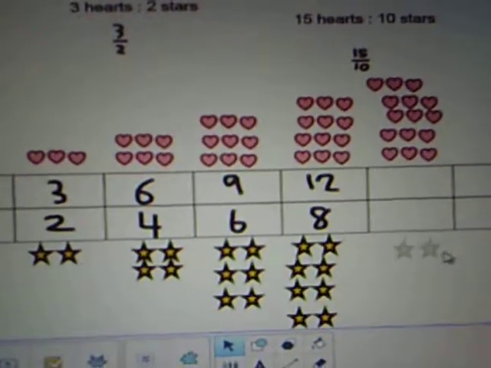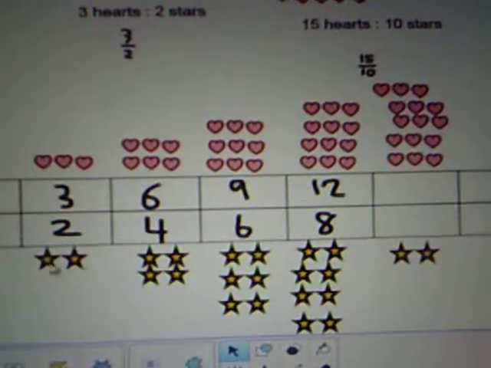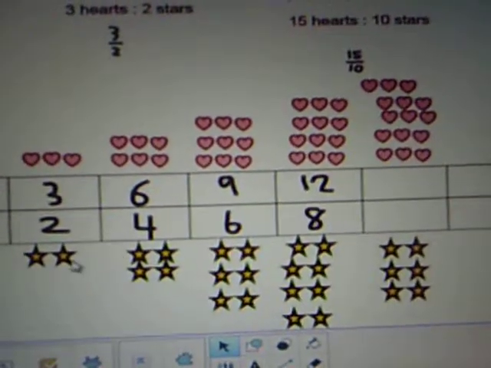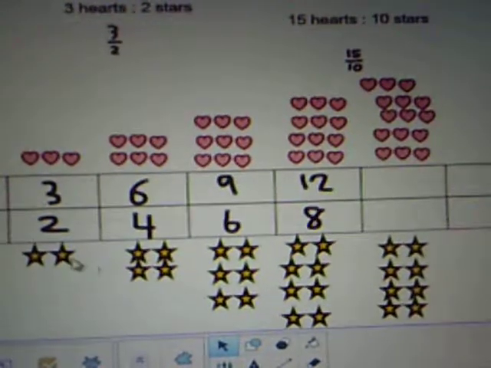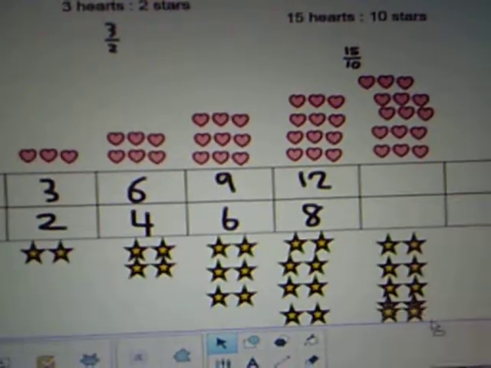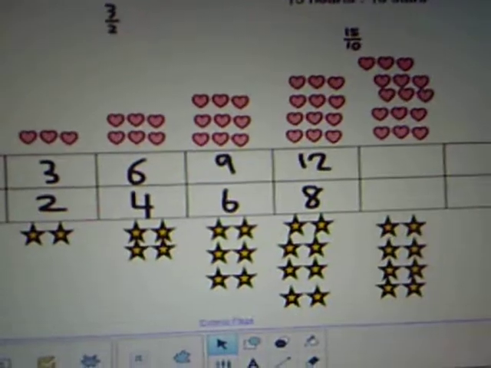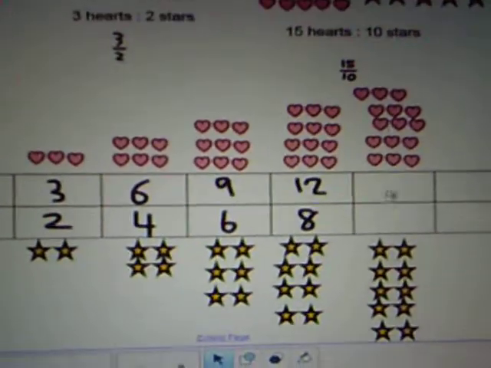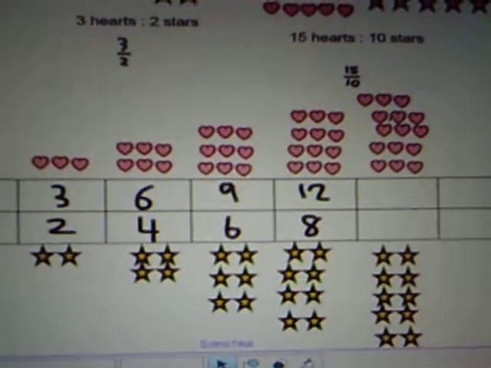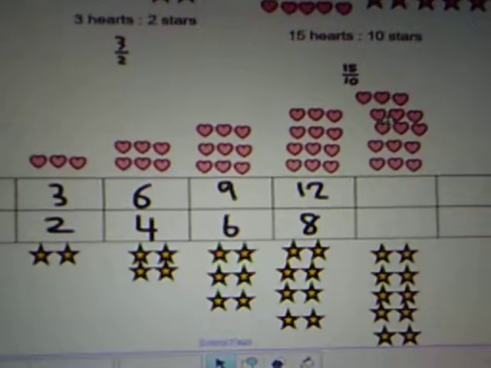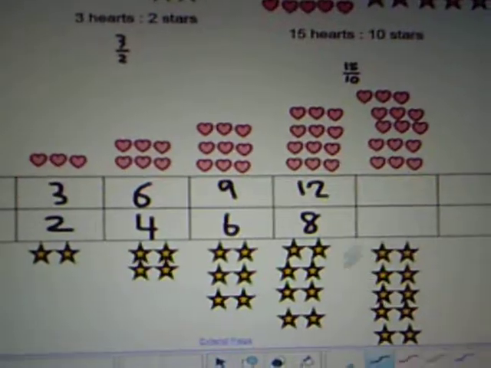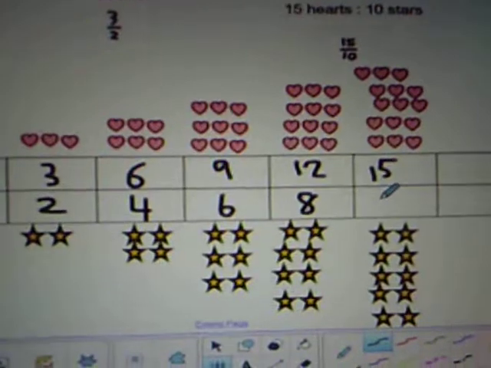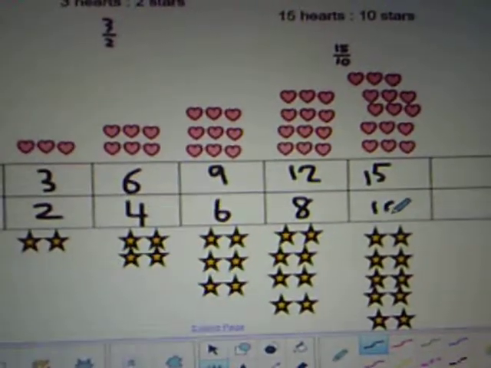So down here, we're going to need 5 sets. 1, 2, 3, 4, 5. Sorry, that's hard to see. So when we have 15 hearts, we have 10 stars.